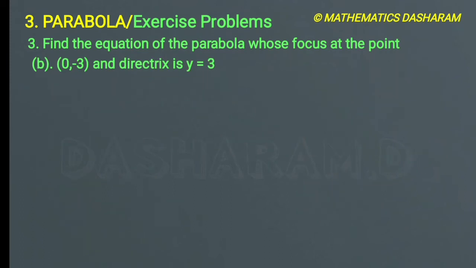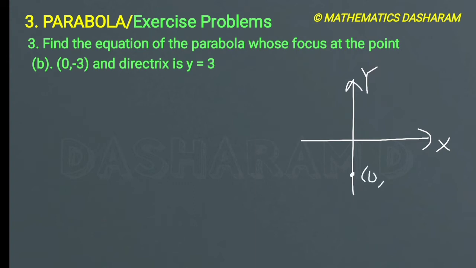Question number B. Focus is 0, minus 3 and directrix is y equals to 3. So x-axis, here is y-axis. So 0, minus 3 means x coordinate 0, y coordinate minus 3. So it will come on the negative direction of y-axis. So definitely the parabola is downwards.